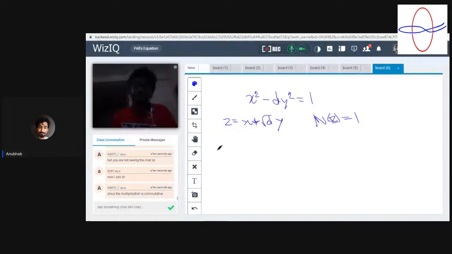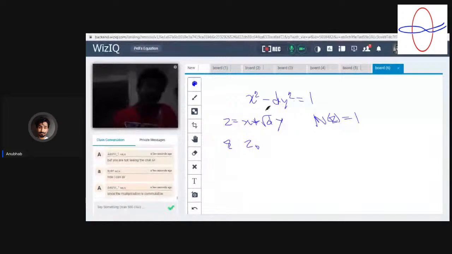So suppose we have some solutions, and suppose z naught is the smallest solution. Obviously if x, y is a solution, then minus x, minus y will also be a solution.